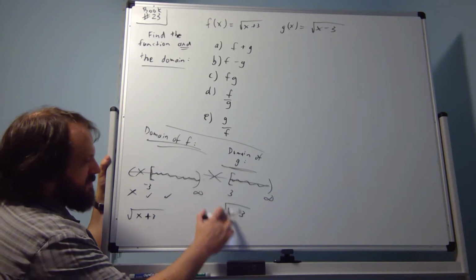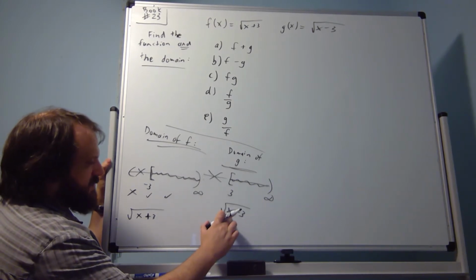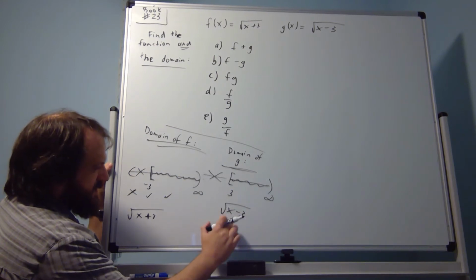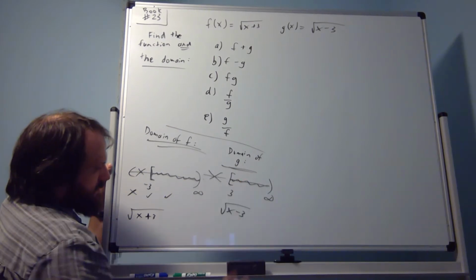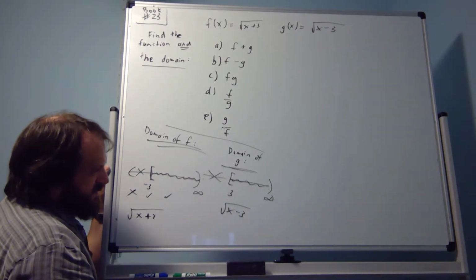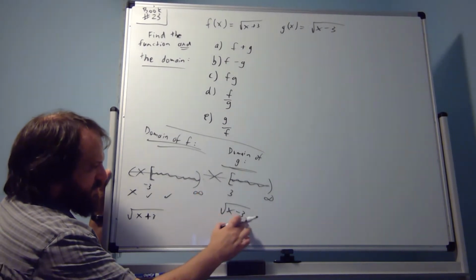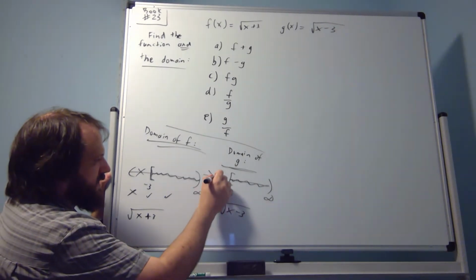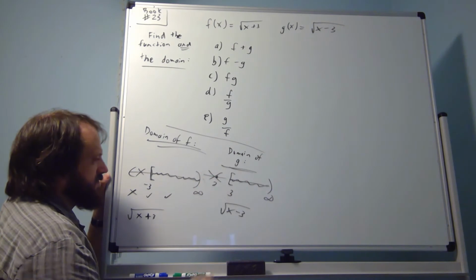If you plug in x equals 3, the square root of 3 minus 3 is the square root of 0, which is 0, which is totally fine. But if x is only 2, then you're taking the square root of -1. So x equals 2 is not okay.